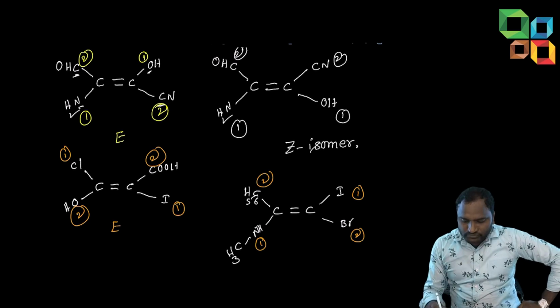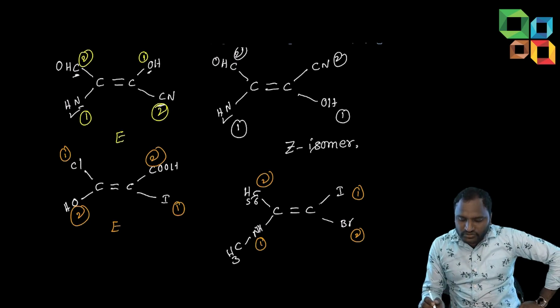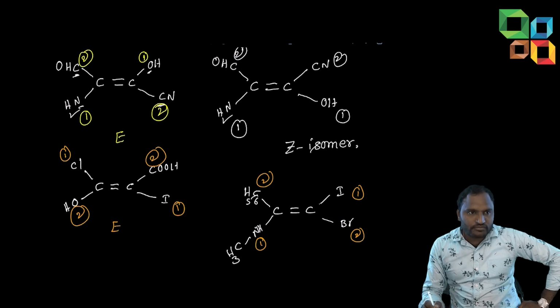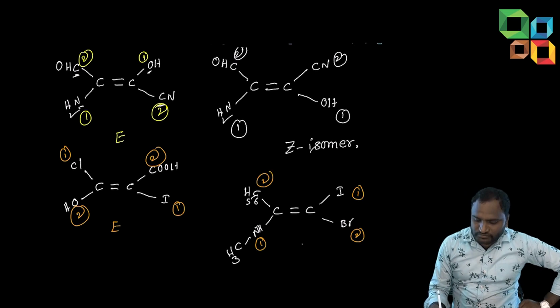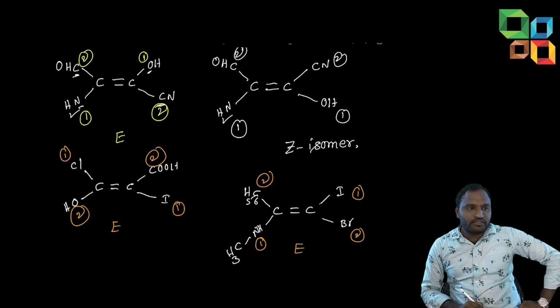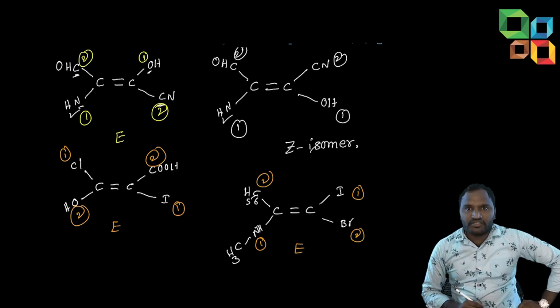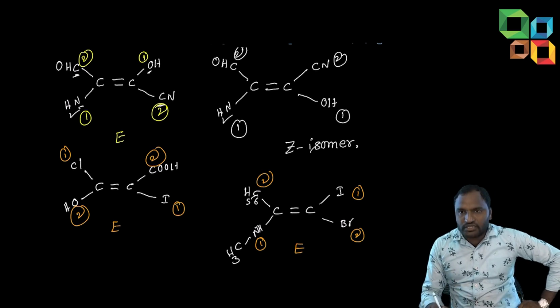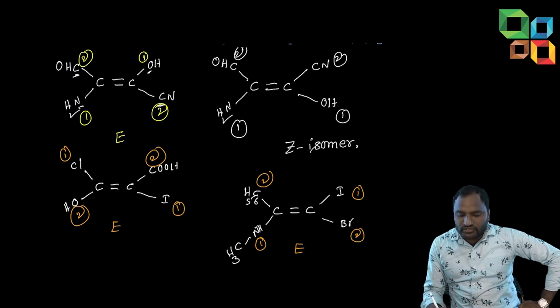Carbon and nitrogen, did you take, students? No, it is E isomer. Nitrogen is connected here, and nitrogen valency is more, no?